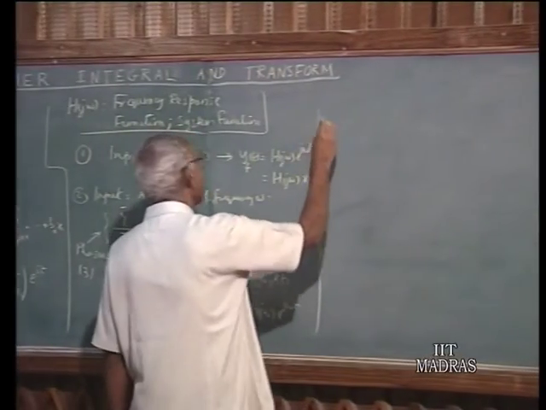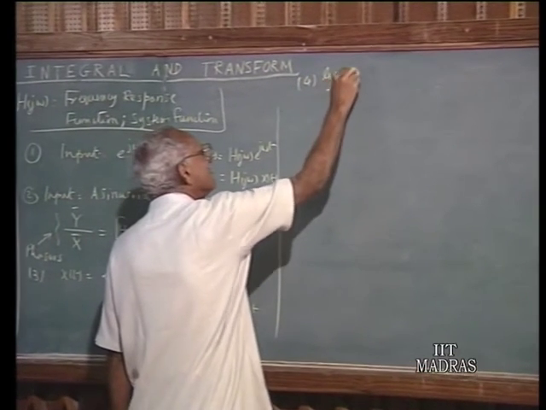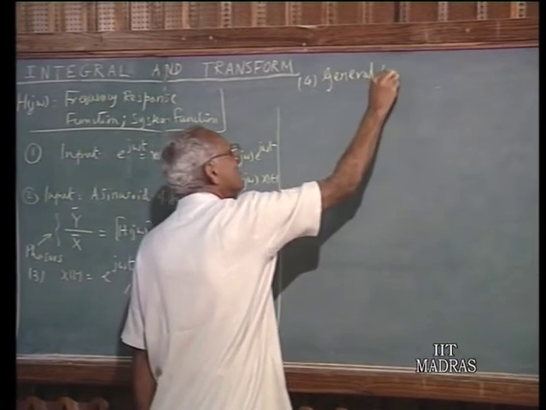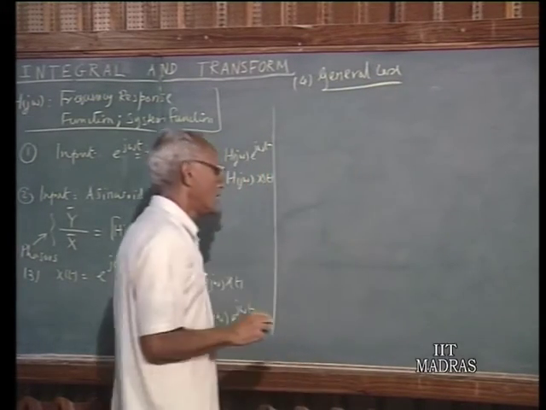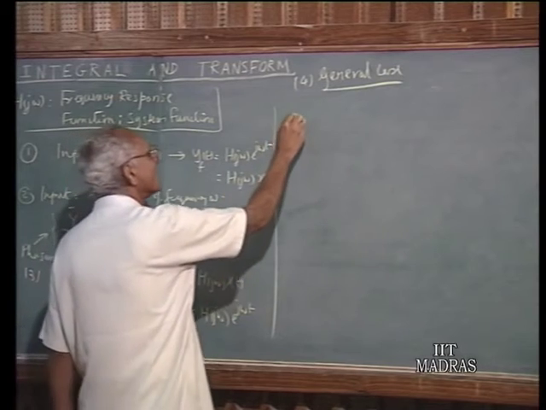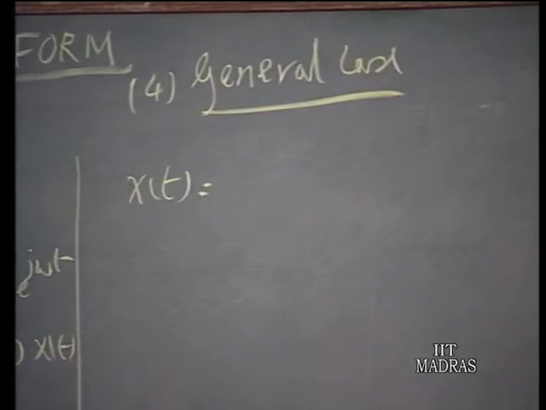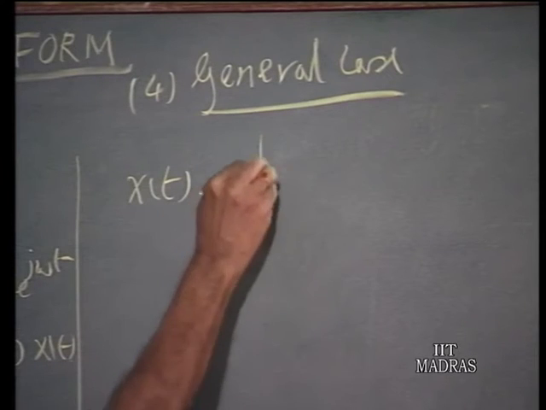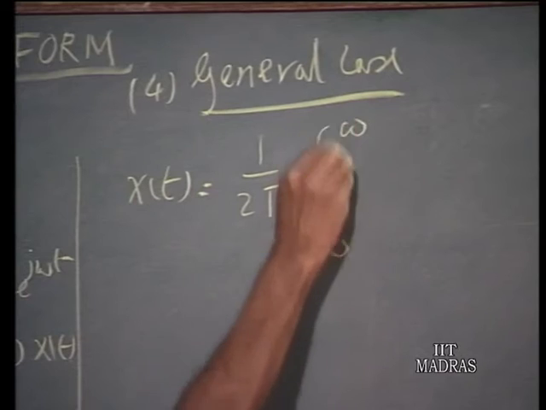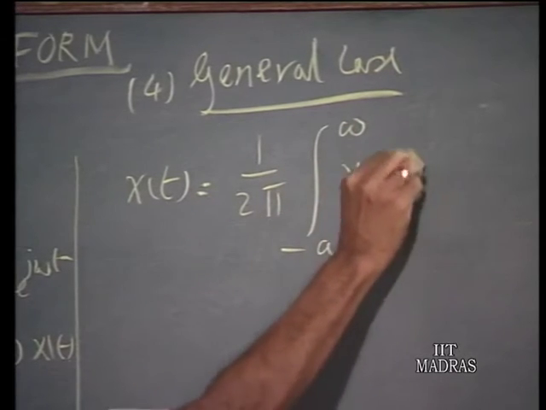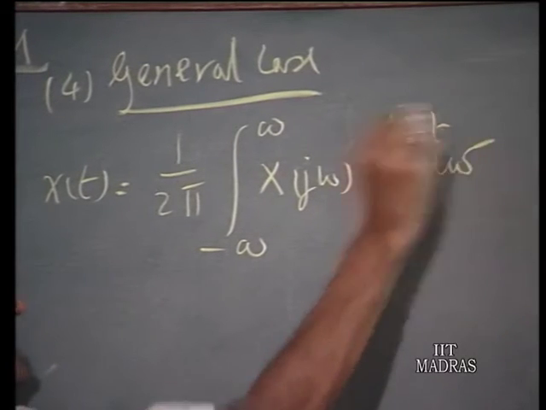So, in a general case, x of t is related to its Fourier transform as 1 over 2 pi, integral from minus infinity to plus infinity of X of j omega e to the power of j omega t d omega.